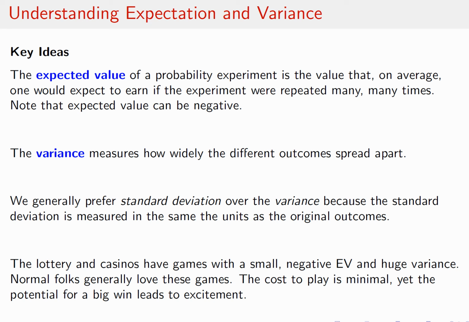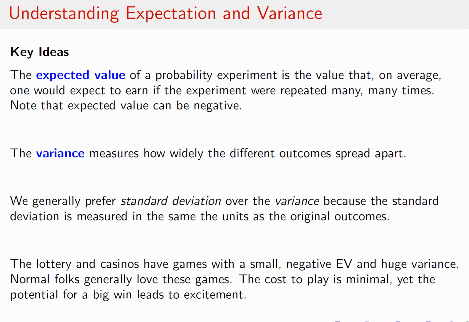The key thing to help you understand expectation and variance is thinking of games like the lottery, or Vegas games like a slot machine, where each lottery ticket, each time you play the slot machine, it's only a small amount of money that you have to invest. And it's negative expectation, but the payout can be huge. Let's just think of playing quarter slot machines.